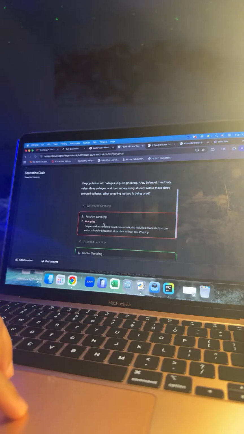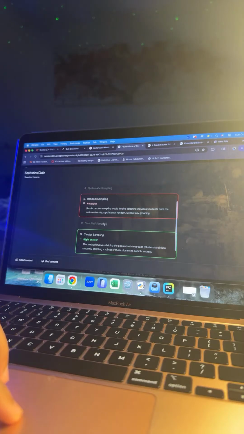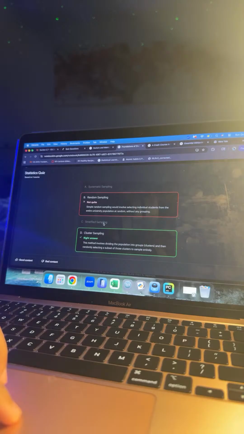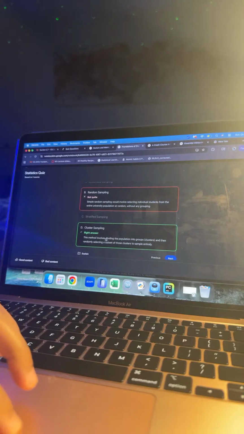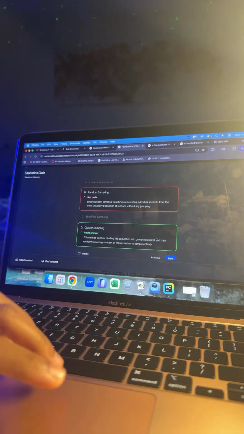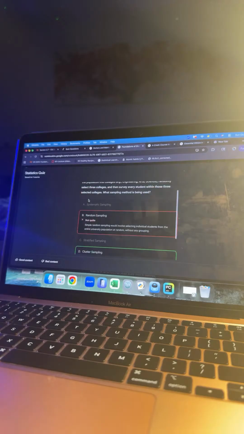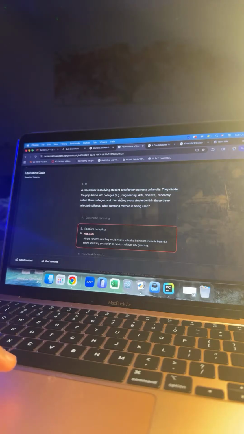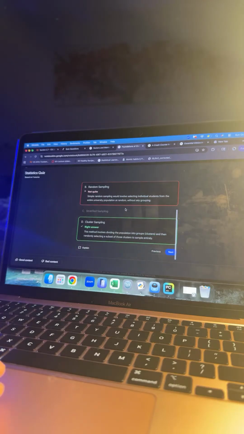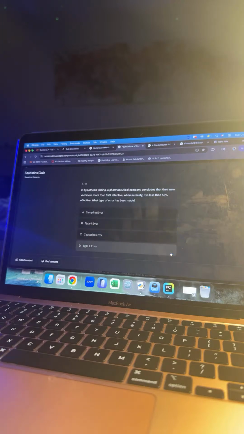What? Cluster sampling? Okay. This method involves dividing the population into groups and then randomly selecting. Wait, so why do we do cluster? Wait, let's read ahead. So, okay, cluster it is.